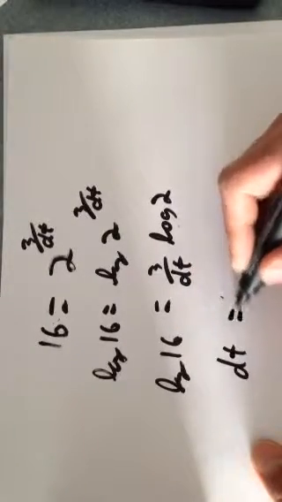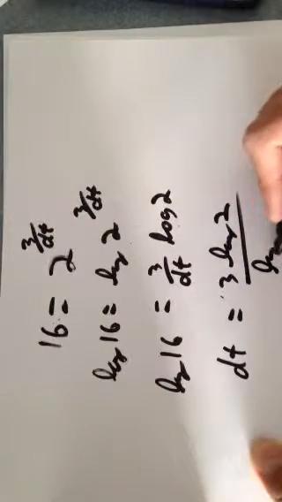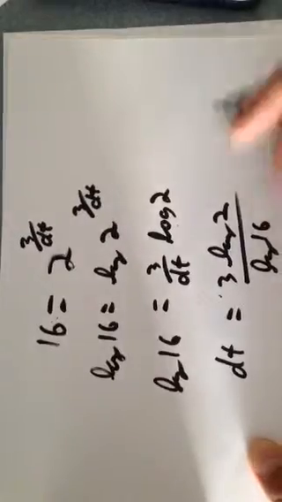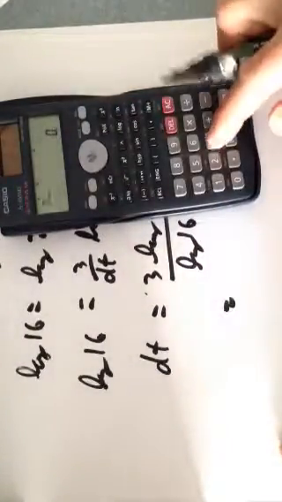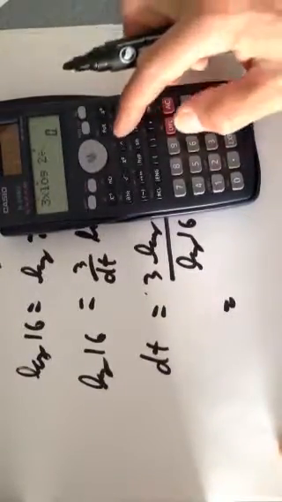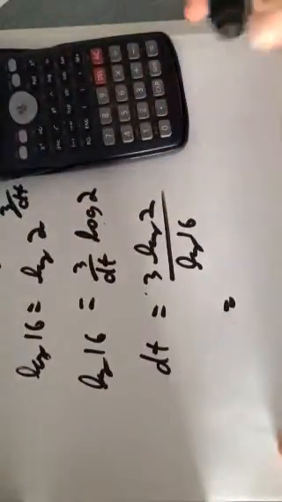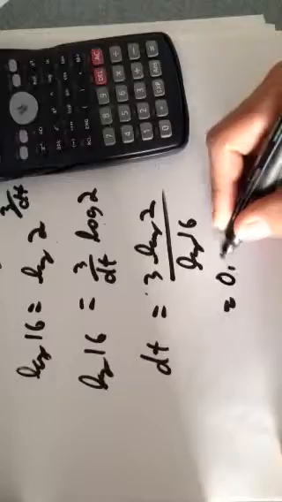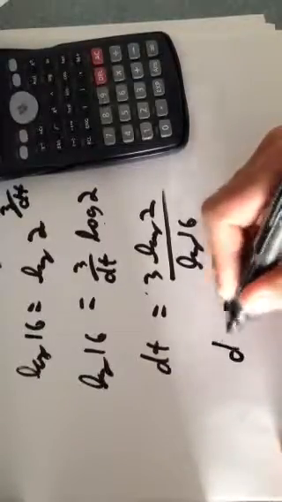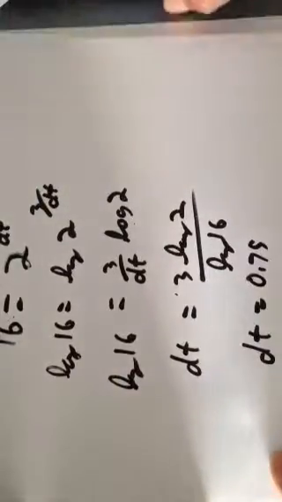So dt is equal to 3 log 2 over the log of 16. And the answer is 0.75. So the doubling time is 0.75 hours, or 3/4 of an hour, 45 minutes.